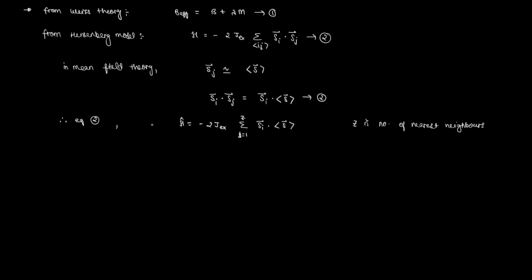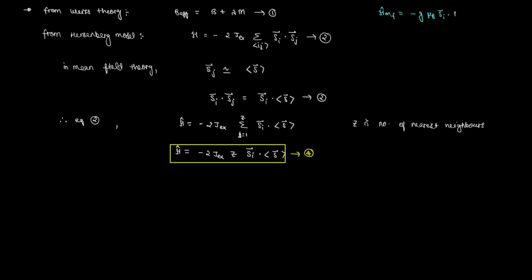And since there are Z neighbors, the summation is replaced by multiplication by Z. Now in the Weiss theory, we can assume that the molecular field lambda M gives rise to the interaction Hamiltonian as minus g mu B Si dot B effective. This is the interaction Hamiltonian if we assume the spins are present in the effective field.